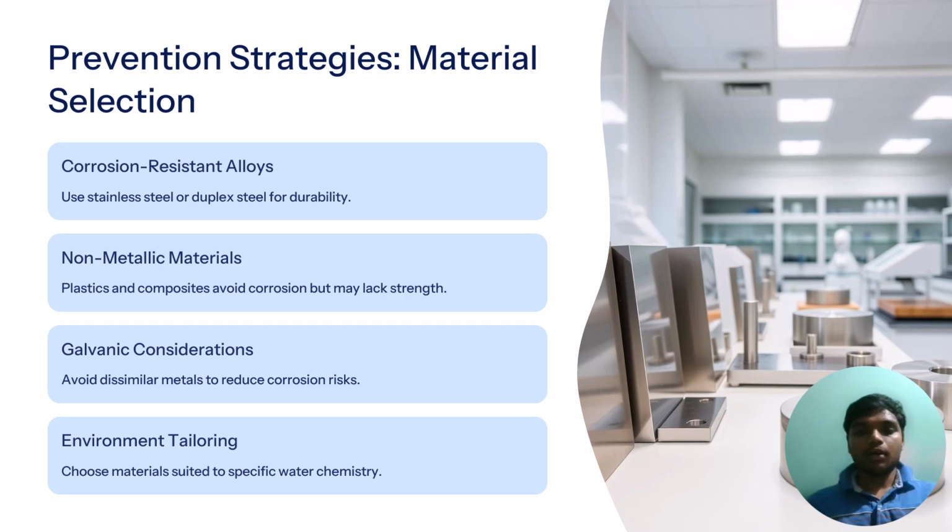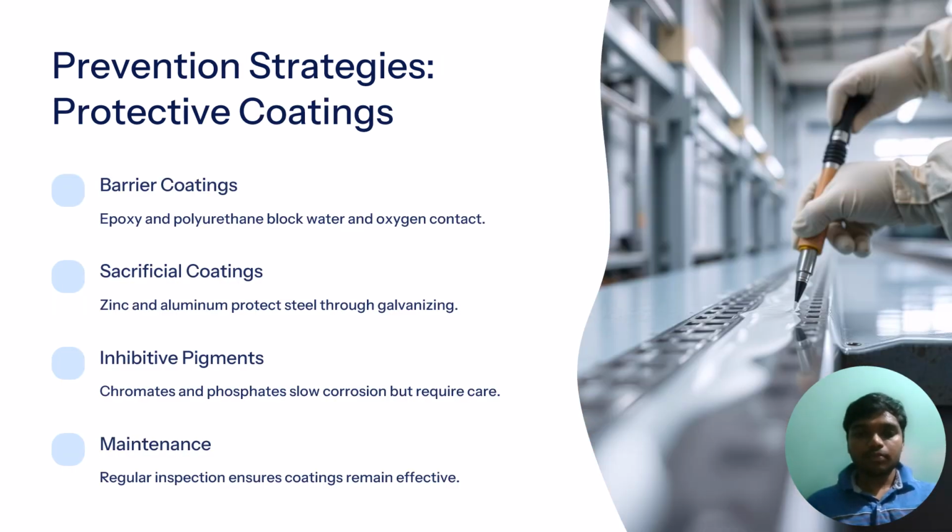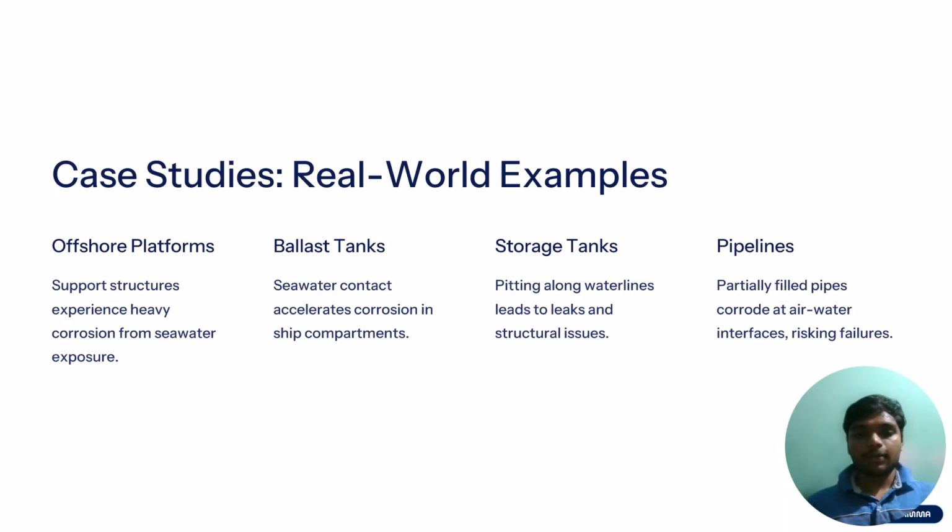These are some prevention strategies that we can follow when we are using pipelines in nearby waters. We can use coatings for the pipelines that are kept in water or exposed to air in between. We can use them as a protective layer.